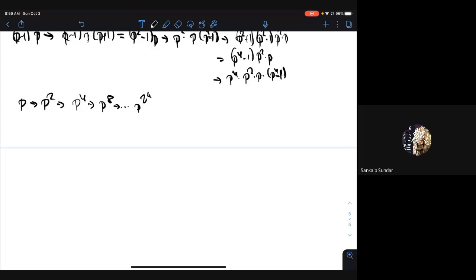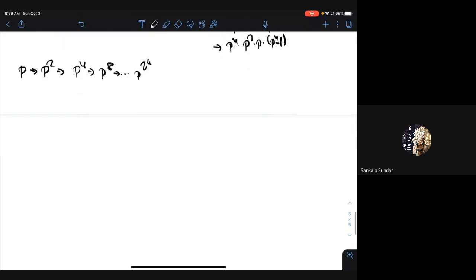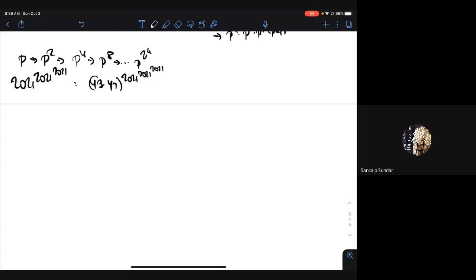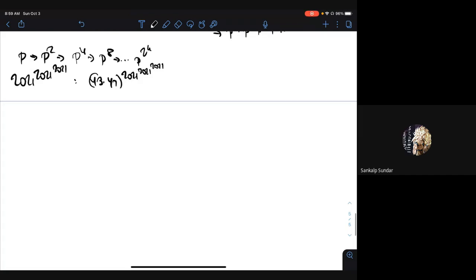So if we start with p and we can iteratively square, this means that if we want to get to 2021 to the 2021, first we need to get to the base primes for 2021. So these are 43 and 47. Right. And then for now, let's just do the 43 part. Oh wait, this is wrong, by the way.